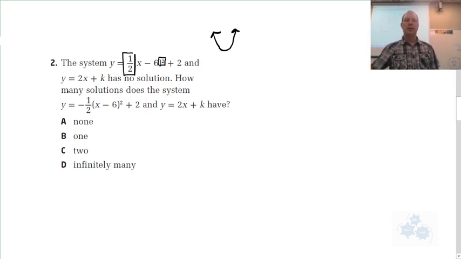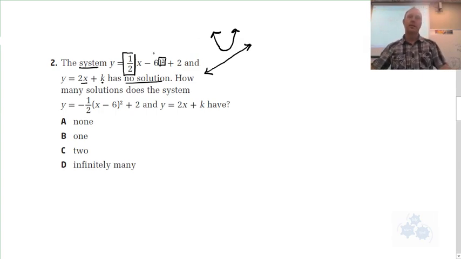And y equals 2x plus k is the other part of it, and that's a line. And it says that this system has no solution. So that means that this parabola is opening upward, and the line must not intersect the parabola at all. So this is just a rough sketch of what I think this might look like.